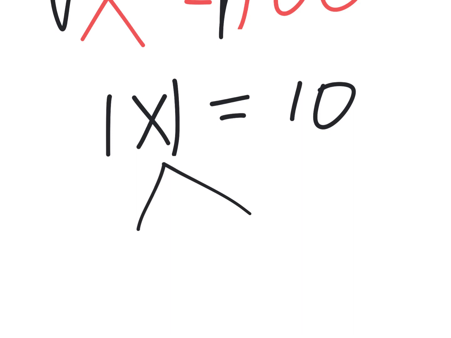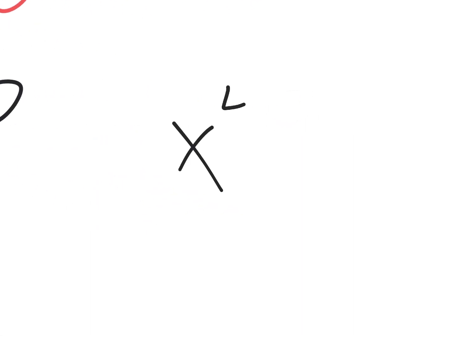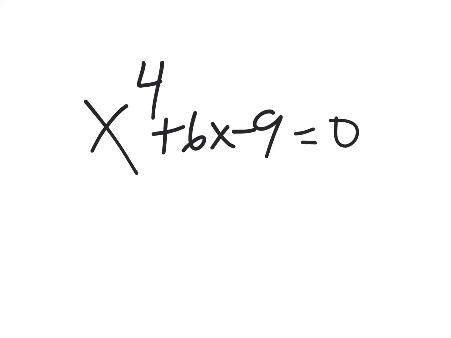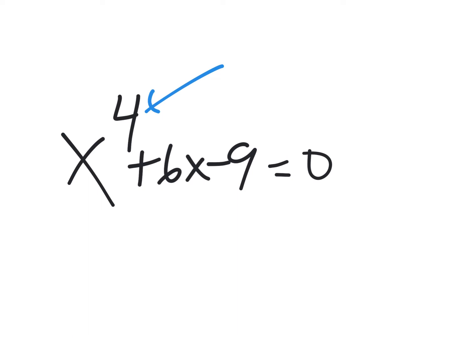What if it was x to the power of 4 plus 6x minus 9 equals 0? And I'm solving that. There's 4 answers. It's the power that tells you how many answers you're going to get. That make sense to you? So if it was x to the 54th power, there'd be 54 answers. Don't worry, we won't do that. But today's, you get a lot of problems where it's squared, and that means there's 2 answers.